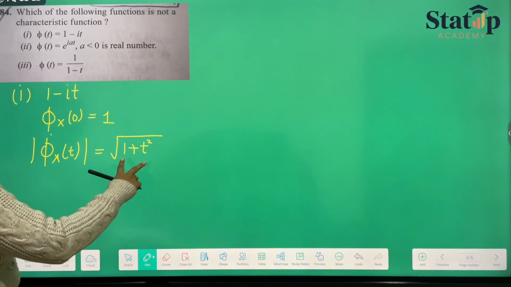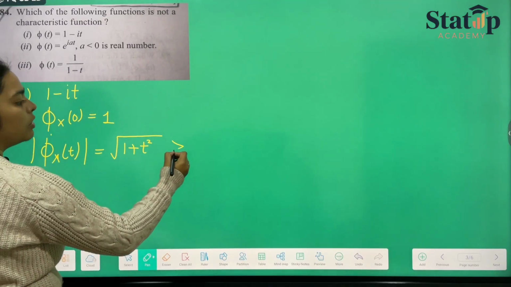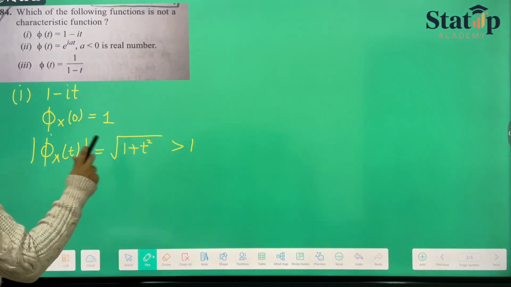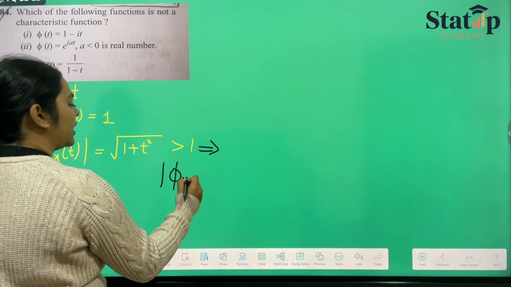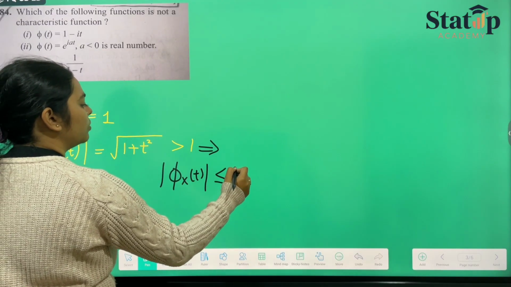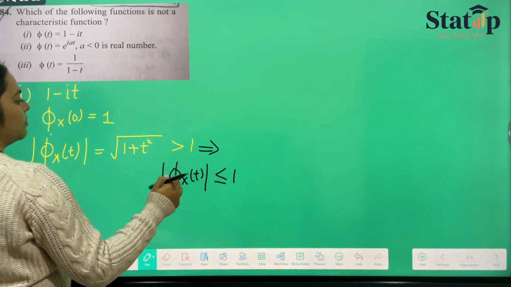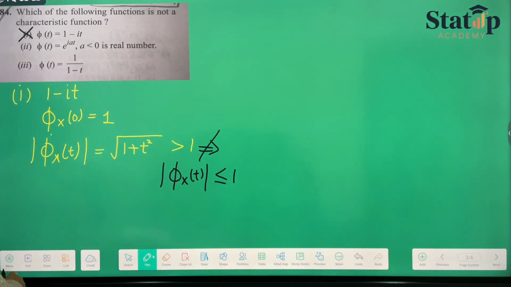But whatever value we put for t, whether it is negative or positive, it will always be greater than 1. So this does not imply that the modulus of phi x t is less than or equal to 1, and hence this first one is not a characteristic function.